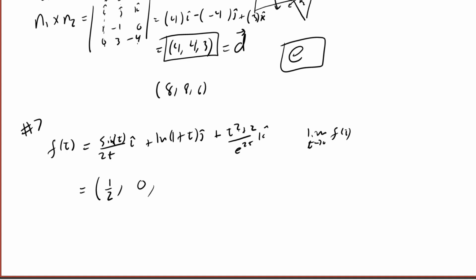And if we plug in 0 here, we have 2 over 1, which is 2. So the answer is 1/2 i plus 2k. This was answer choice C.